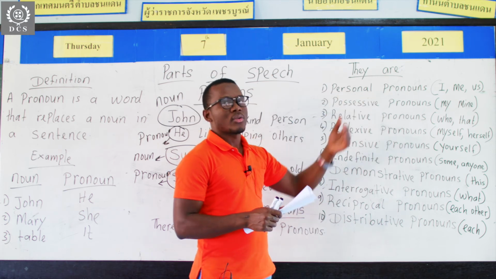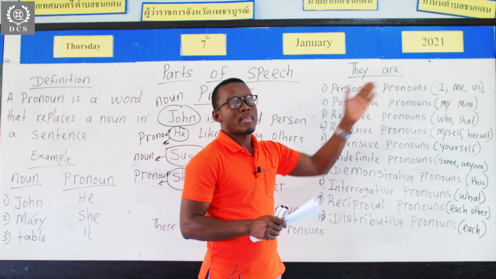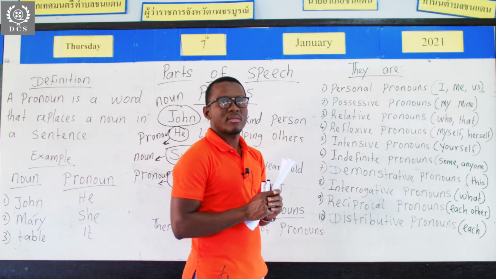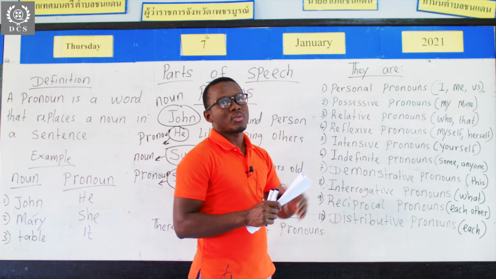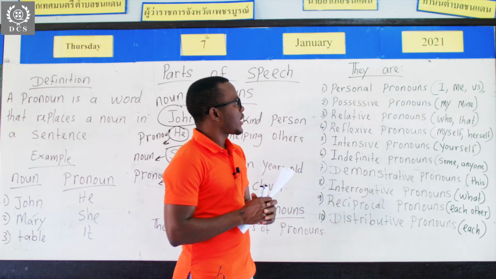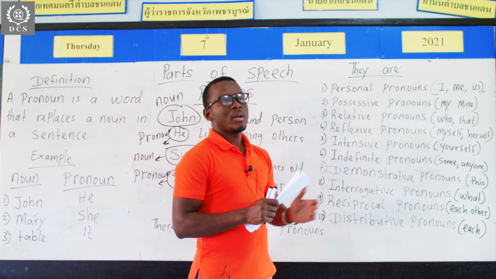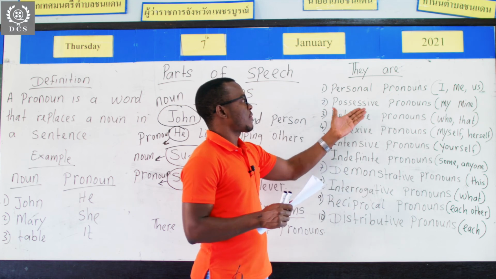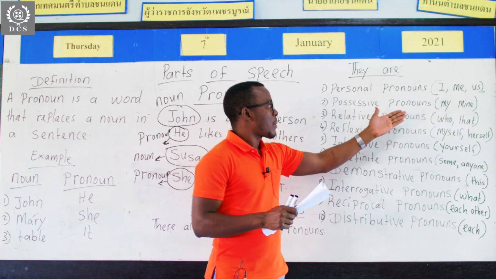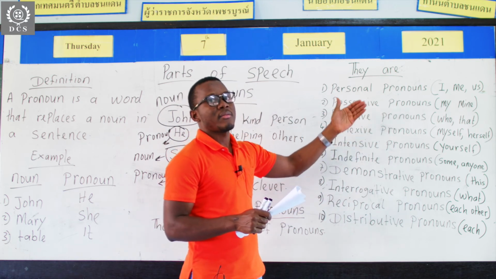Example, I, me, us. So those are personal pronouns. The second one is possessive pronouns. My, mine. So they are possessive pronouns.